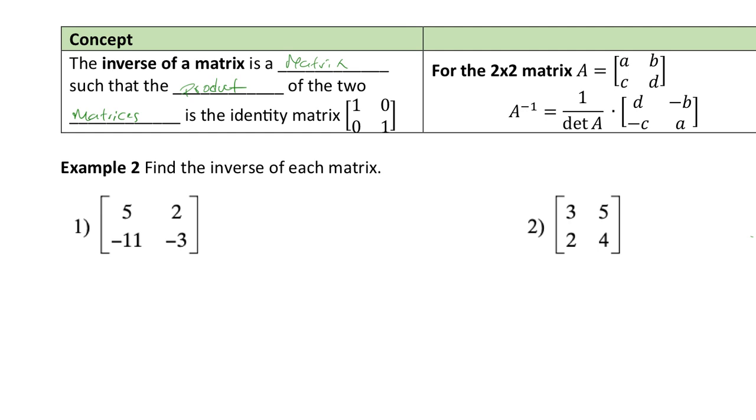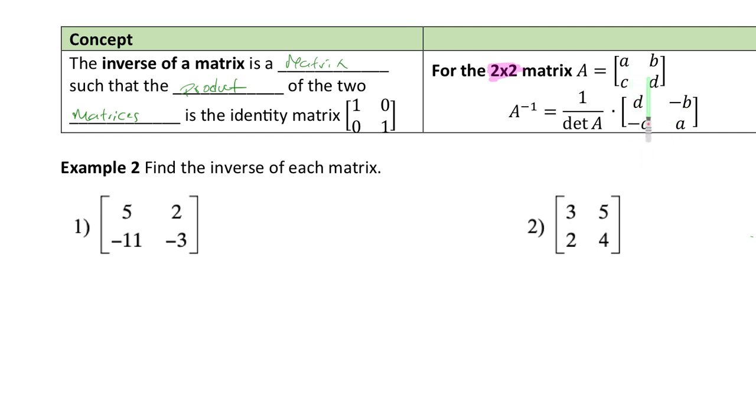For a 2 by 2 matrix, and again, this is just for a 2 by 2, we're going to first find the determinant, and if the determinant is not 0, then we're going to multiply the reciprocal of the determinant times this matrix here.